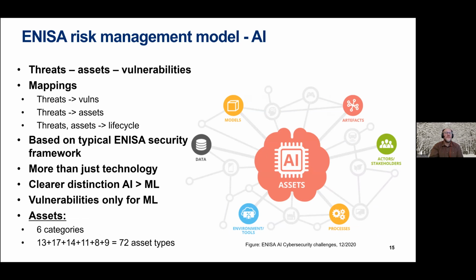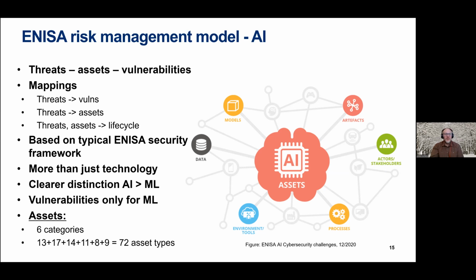They start from old and tested approaches, from threats to assets to vulnerabilities, and then do mappings between them: which kinds of assets apply, which kinds of threats apply to which assets or produce which kinds of vulnerabilities, and at which life cycle part of the AI system.